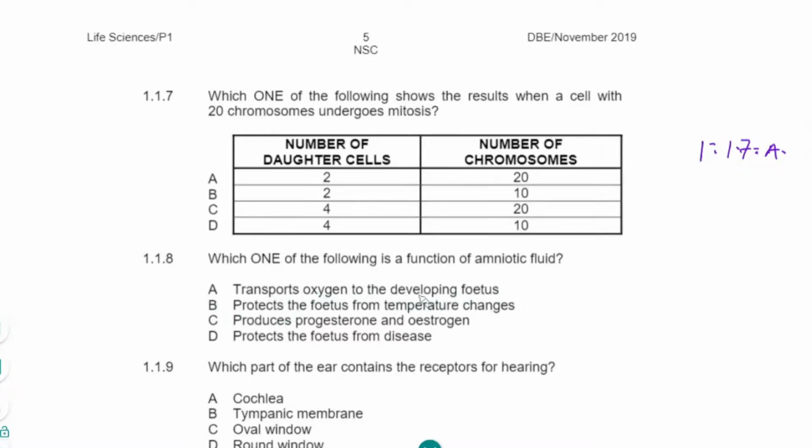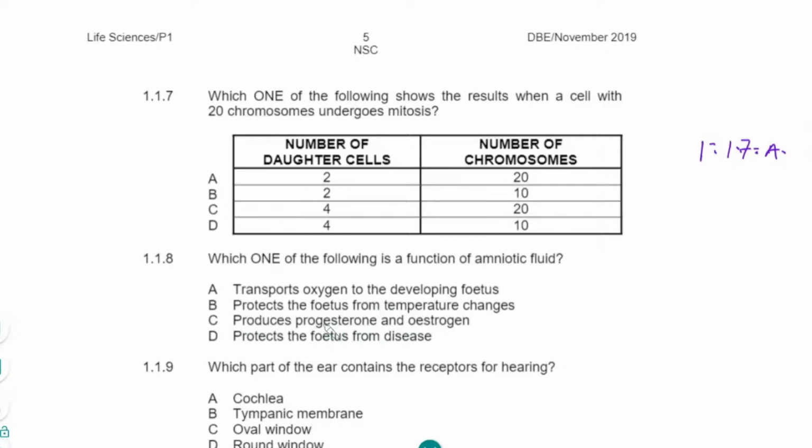Amniotic fluid doesn't transport. Protects the fetus from temperature changes. Remember, it is a fluid, so it tries to absorb. If it is too cold, it absorbs the cold. If it is too hot, it absorbs the heat. That's why you're saying temperature changes. But there might be other answers which are more correct. They're saying produce progesterone and never.